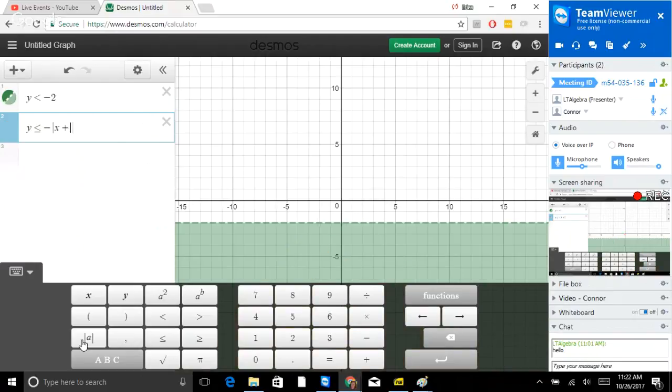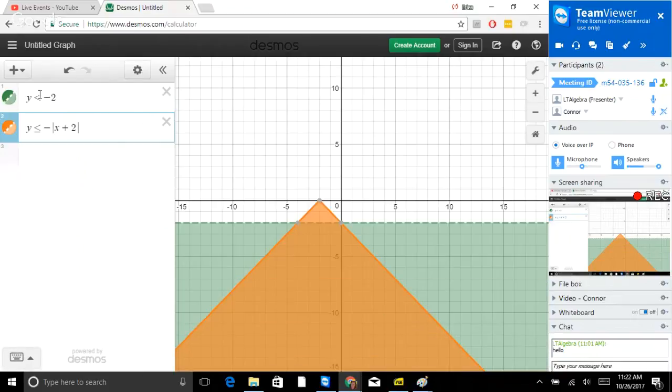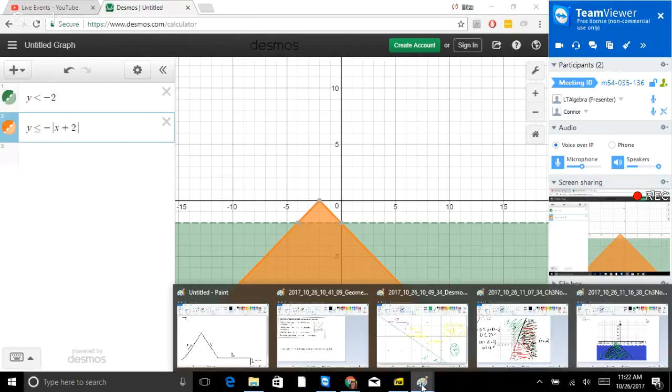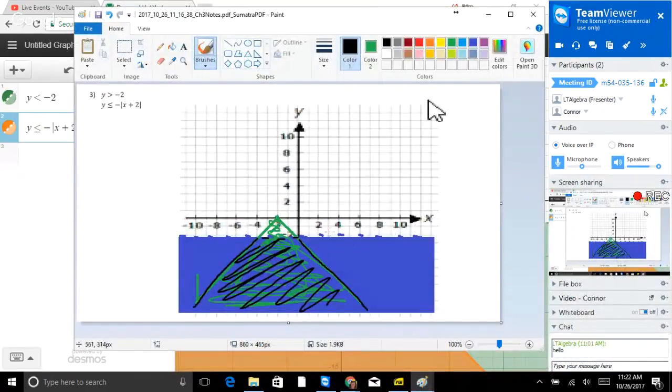I need to go back and look. This is what we graphed, y is less than -2. Let's see what I did over here. Oh, no, you're right. I totally graphed it wrong because it was y is greater than -2, and I went for y is less than -2. So my bad, I graphed the blue line wrong.